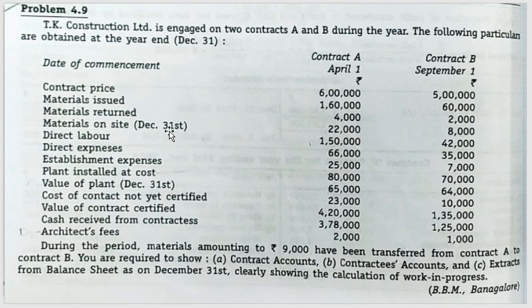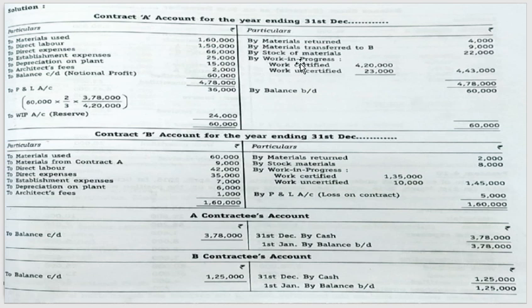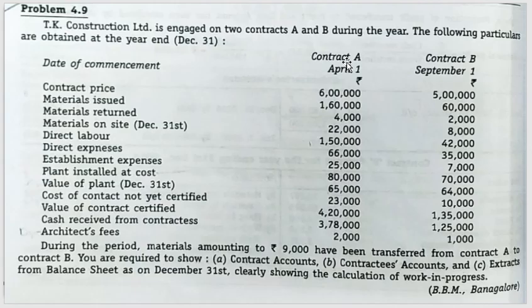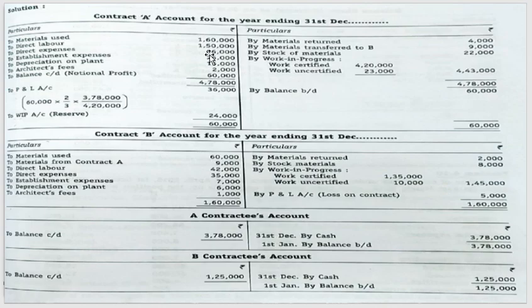Then we have material on site, which is the closing balance of the material. So it will appear on the credit side by materials, by closing balance of material or by stock of material, which is 22,000 in your credit side. Direct labor and direct expenses, which is 1,50,000 and 66,000, would be recorded in the debit side.